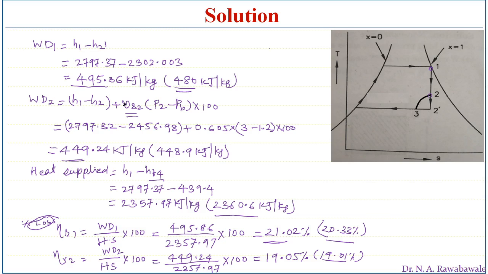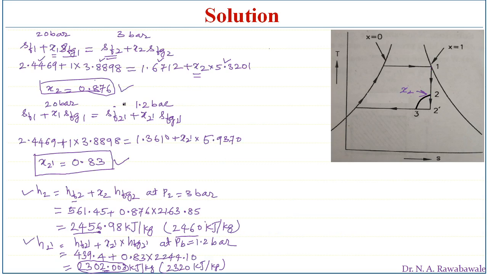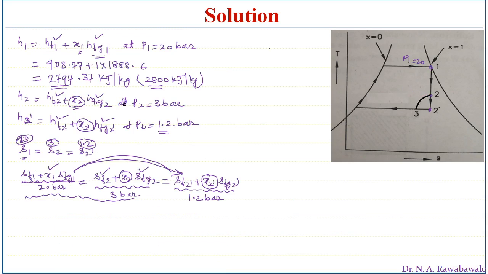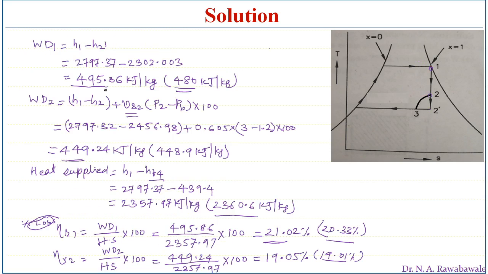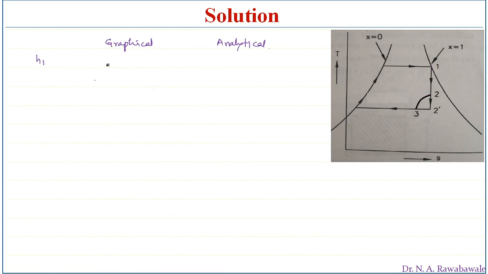What was the h1 value in both cases? 2800 and 2797 kilojoules per kg.